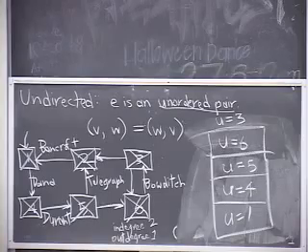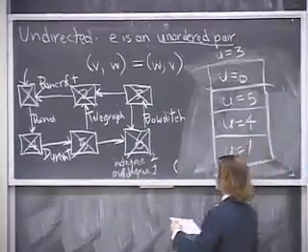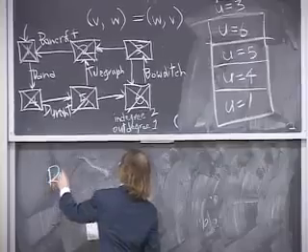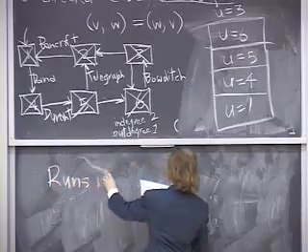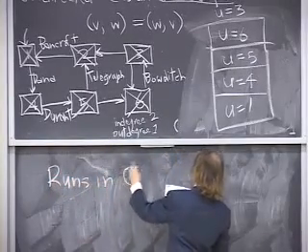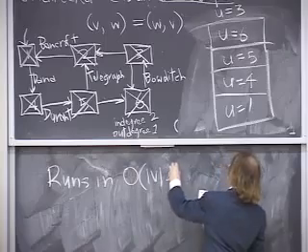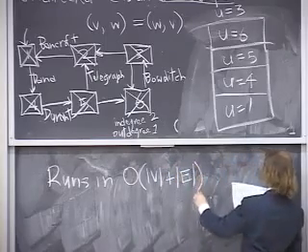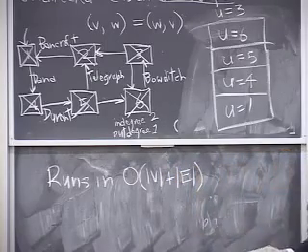And the running time of this, if you use an adjacency list, then it runs in V plus E time, because it has to check every edge once.